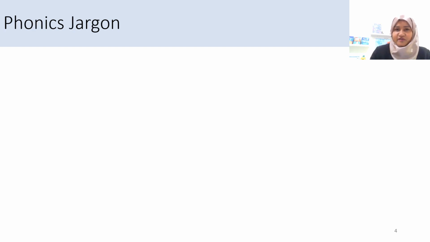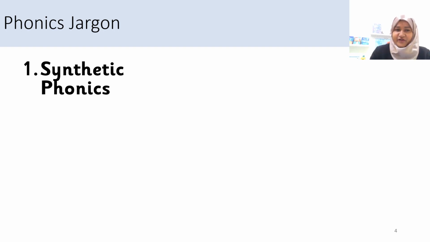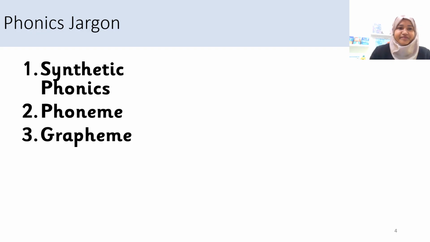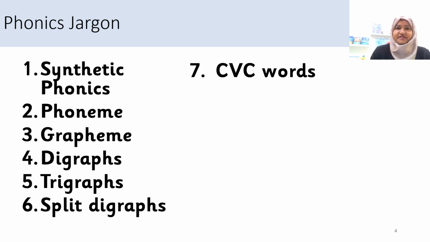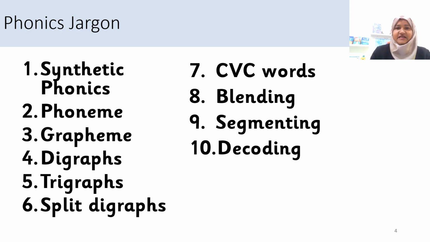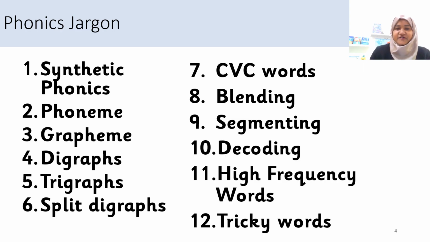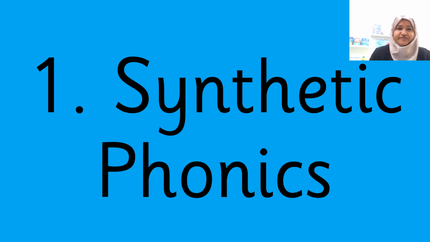Before we dive into the program, it's important to bust some jargon. Let's start off with synthetic phonics, phoneme, grapheme, digraphs, trigraphs, split digraphs, CVC words, blending, segmenting, decoding, high-frequency words, and tricky words.